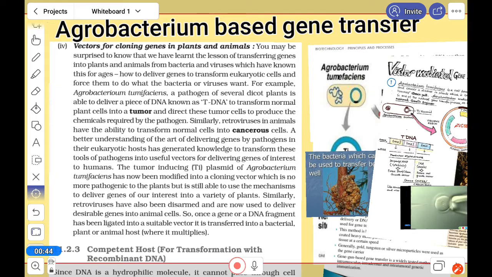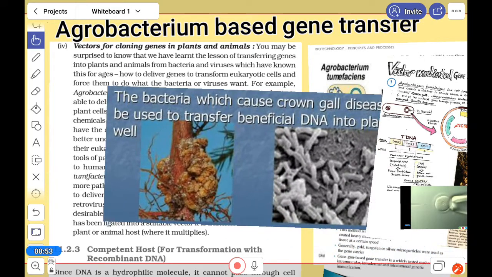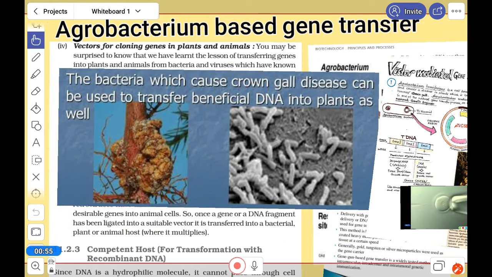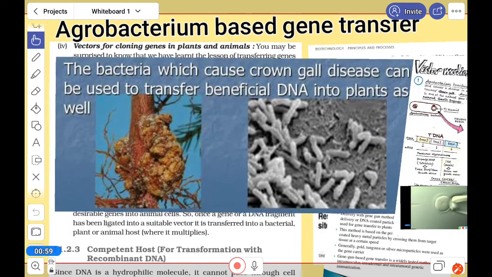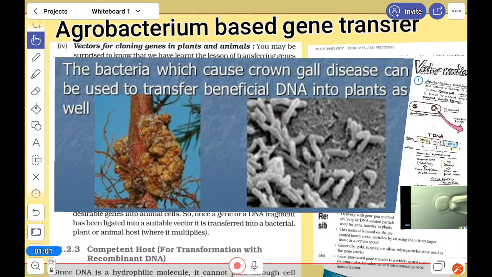First of all, we have to understand what it is. Agrobacterium tumefaciens is a soil bacterium which can cause a disease called crown gall.